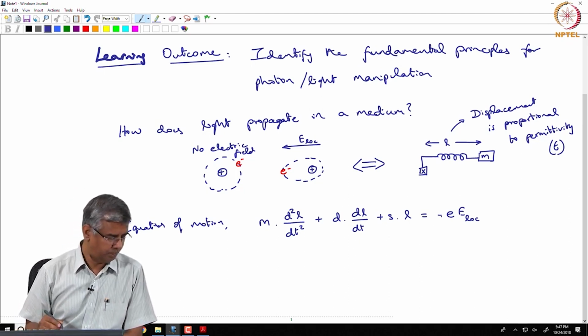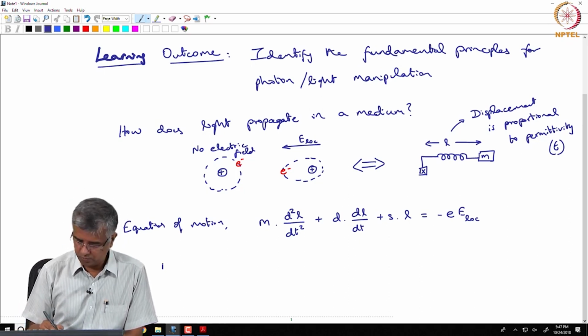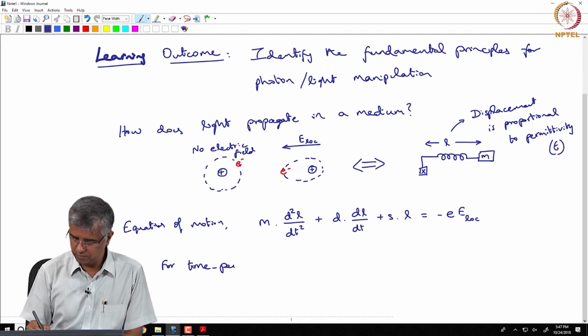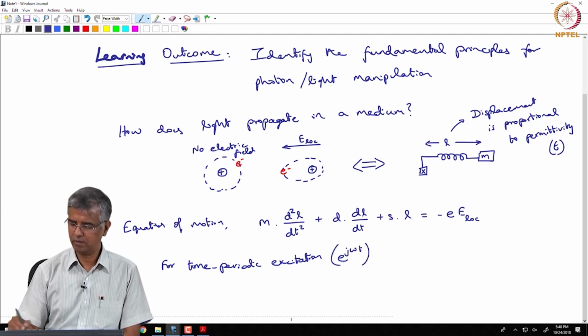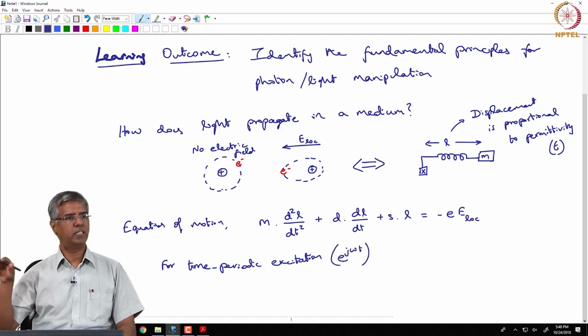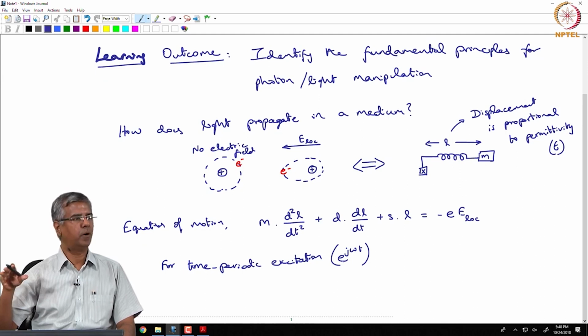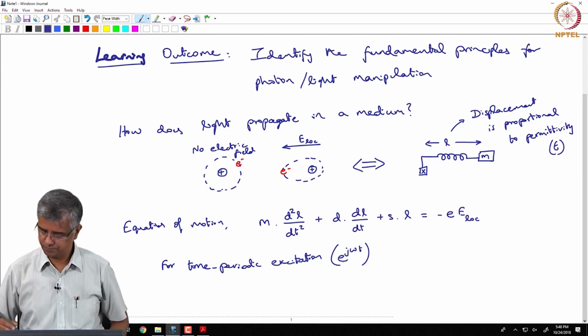So, for time periodic excitation, which means that I am expressing the oscillation of my electric field in terms of e power j omega t.